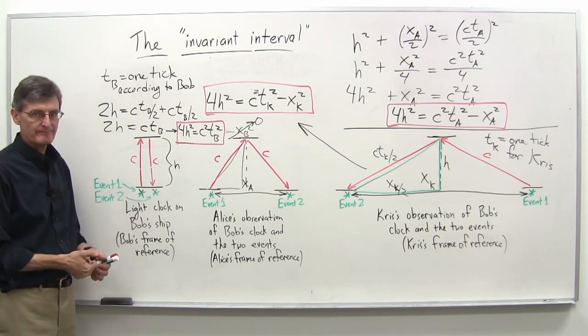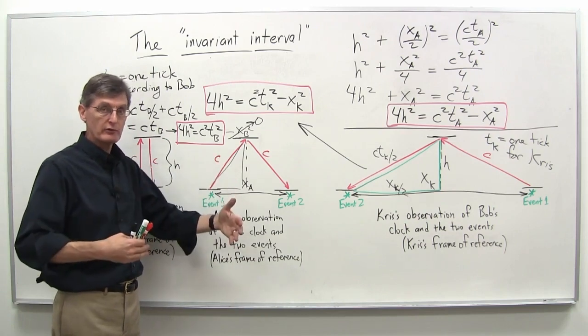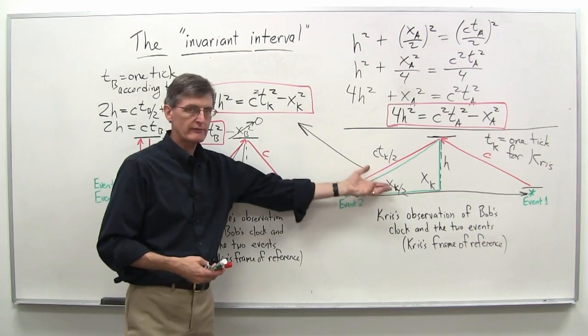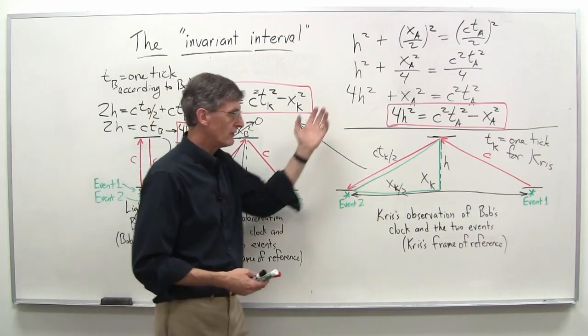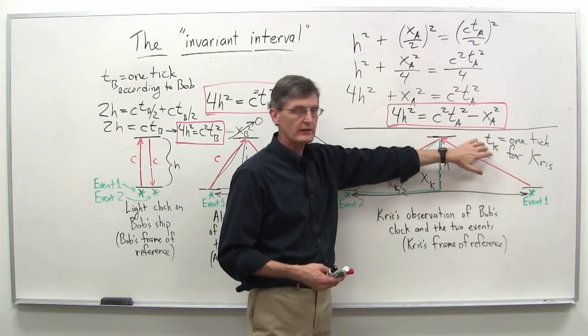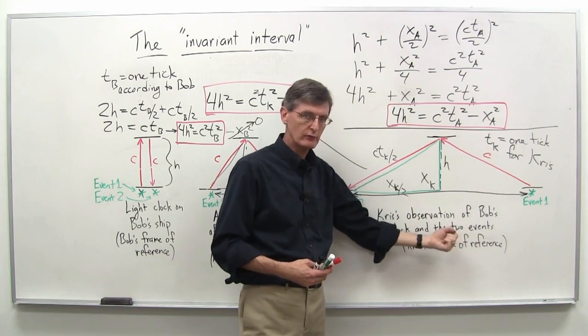So in general, what we have here is measure the distance between two events and the time between two events in any given frame of reference. Okay, so this is Chris's frame of reference. She is measuring the tick of Bob's clock based on her own light clock she could have with her.